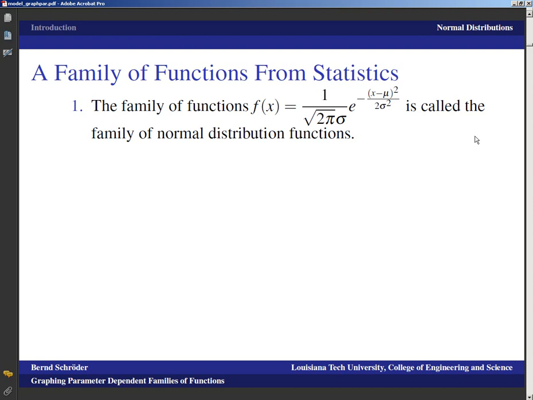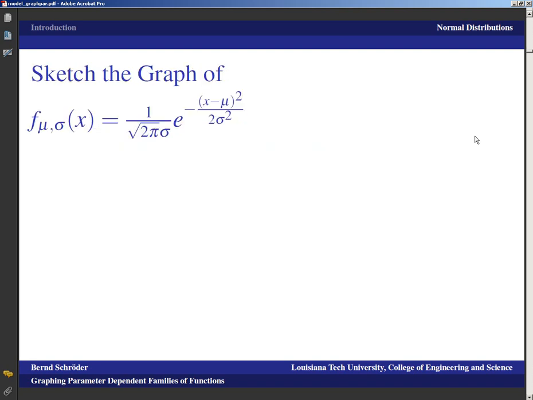When that is the case, a discussion of the shape of the function with the methods of calculus, with graphing methods, is exactly what can disclose all the features of the function. This family of functions plays a central role in statistics, and so what we want to do is sketch its graph. How do we do that?